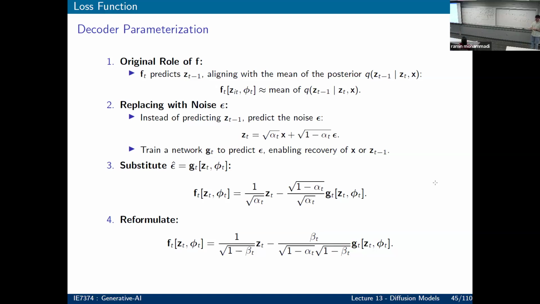That's where we introduce G. That's another neural network, for example, whose job is to predict the estimated noise. So instead of having that stochastic noise, you have a model that predicts, I think you had this much noise, right? So we reformulate F. Wherever we had this epsilon, we replace it with another model.